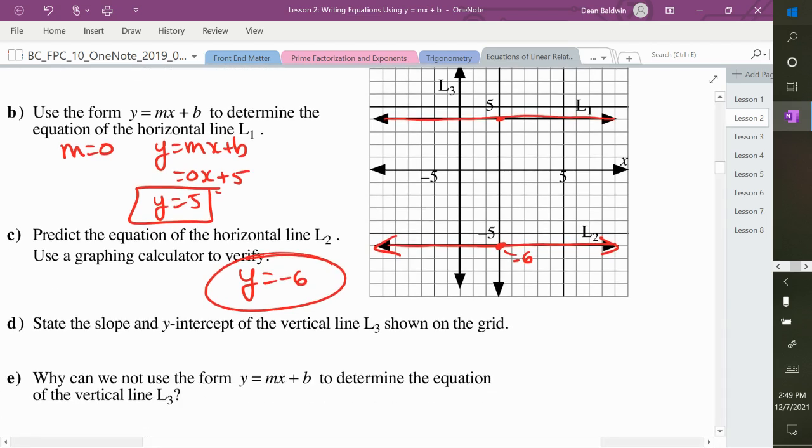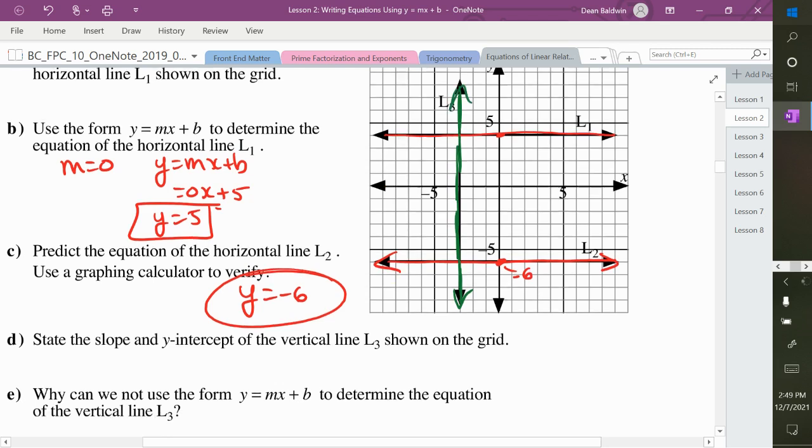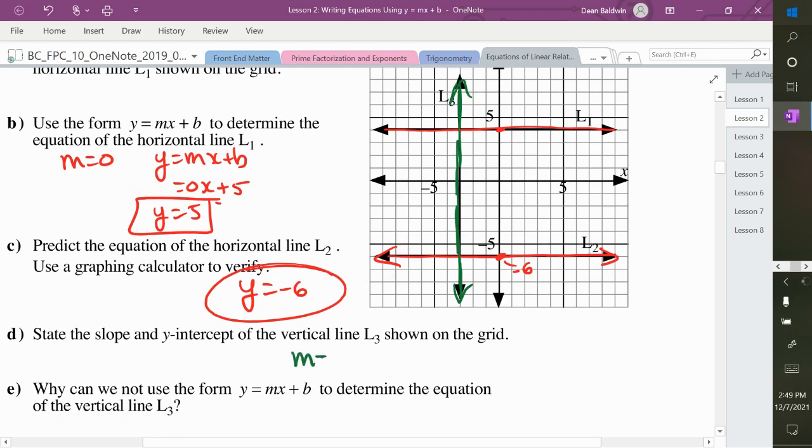If it's a vertical line, like L3 here, what's the slope? We did this. It's undefined. The slope of a vertical line is undefined.